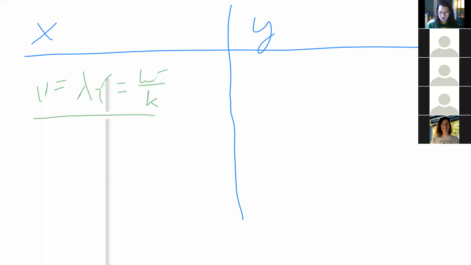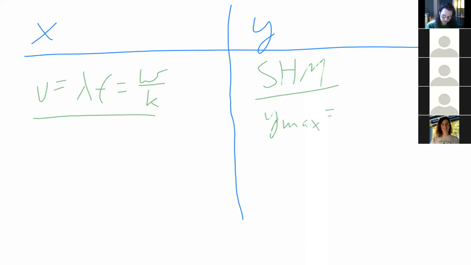In the y direction, the tools that we have at our disposal are essentially the ones from simple harmonic motion. So that means that we have things that we can do, like y max is equal to the amplitude, which we are calling y sub m here.